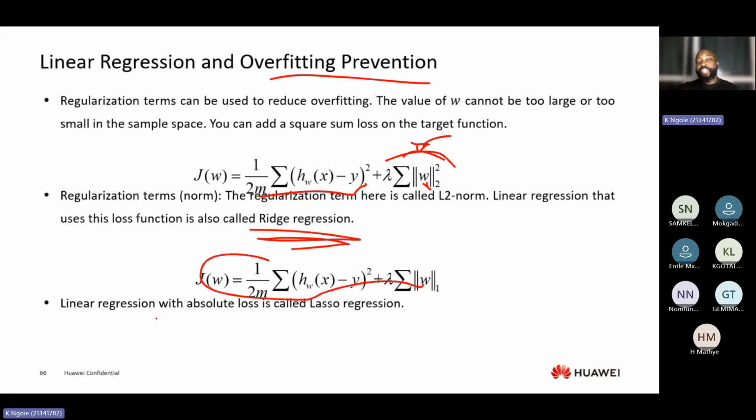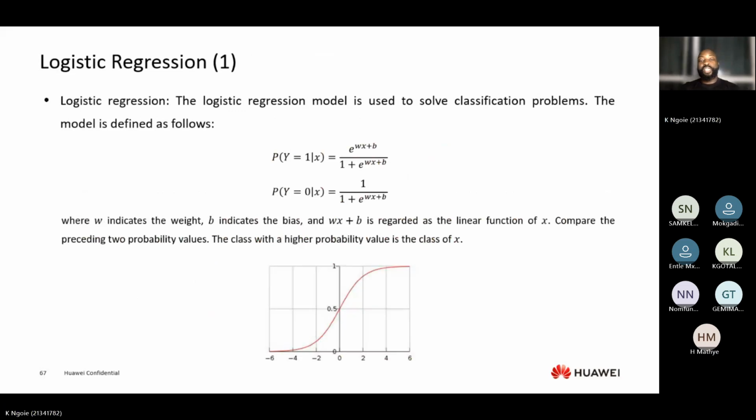In a linear regression with absolute loss, we call it a lasso regression. With linear regression, remember, we are dealing with a problem of regression, and we represented that function as a line.